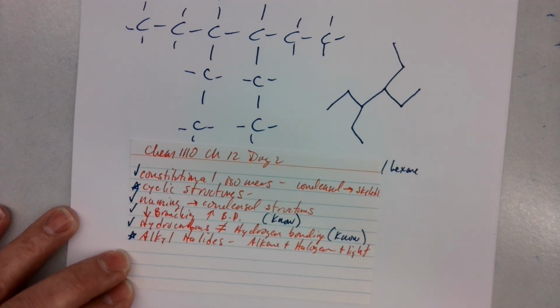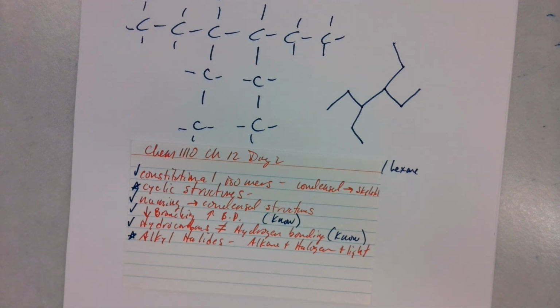Less branching, higher boiling point. There's a whole bunch of stuff I could get into that doesn't matter. Just know that if there's a whole bunch of branches, it's going to have a lower boiling point than something that has either fewer branches or no branches. So if I was going to rate some things, and I said I got something with no branches, something with one branch, something with two branches, something with three branches, that's how its boiling point would go.